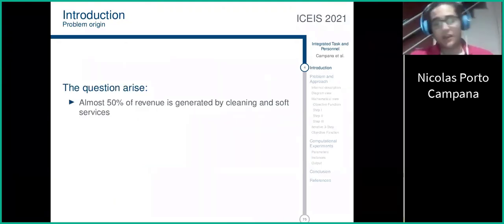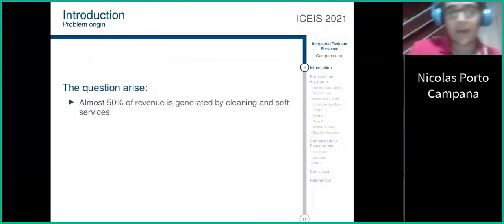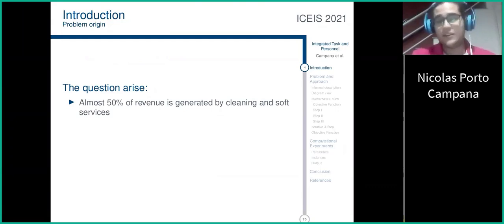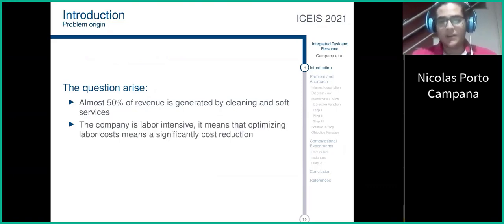So the question arises because Scope Service has almost 50%, half of its revenue, generated by the cleaning and soft services. And in this cleaning and soft service, one of the strongest lines of work of services provided is cleaning hospitals. Okay, the company is labor intensive.